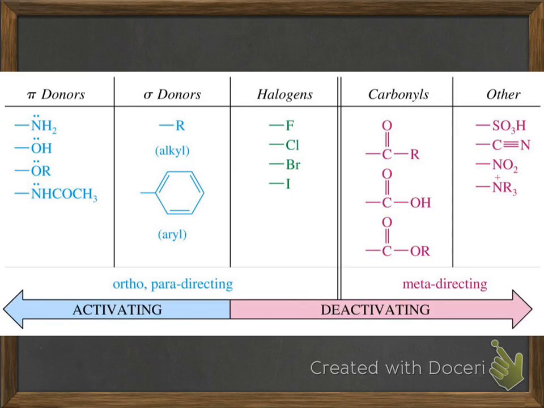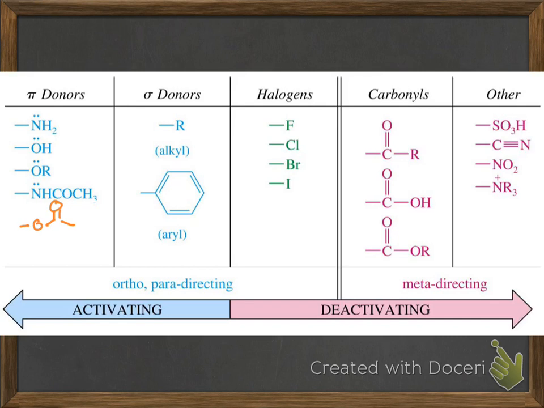I'm going to bring this picture back into our lives because it's actually pretty important here. Because with the couple of additions that I made here, such as adding this ester over here, generally speaking, if it is an activator, it is ortho-para-directing.